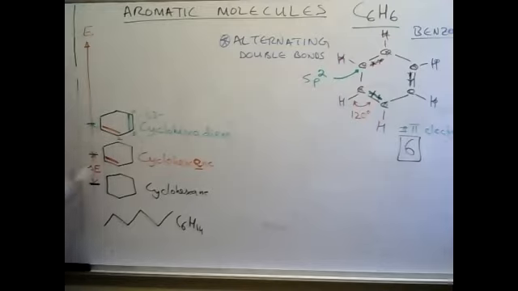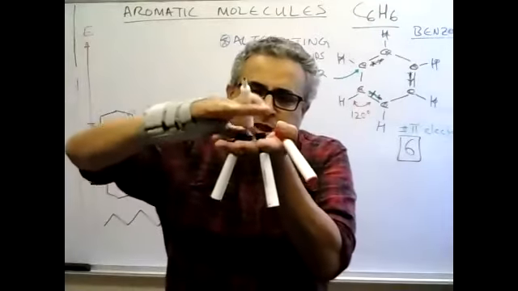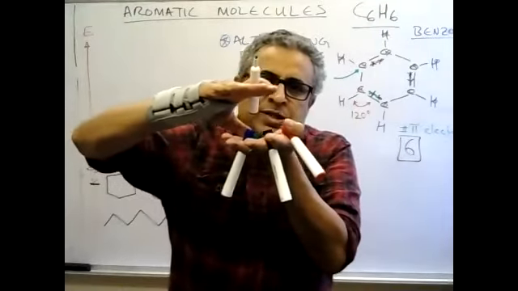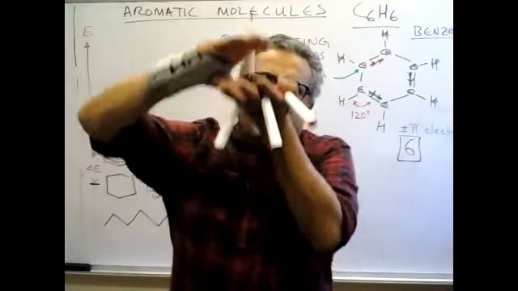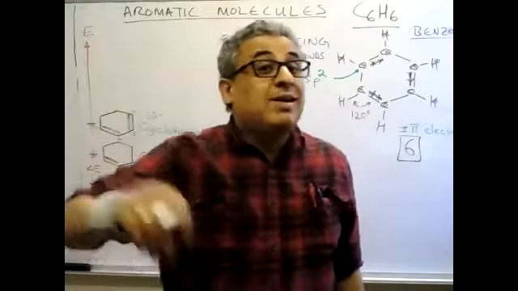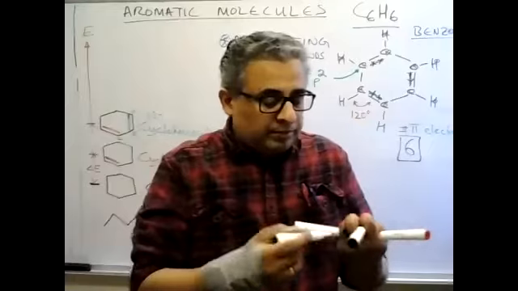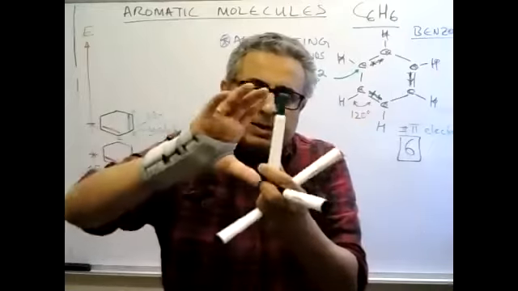With cyclohexene, you put one double bond, the energy goes up by that much. You stick another double bond, energy goes up by the same amount. So by sticking an extra double bond, you're making the compound more unstable by the same amount.